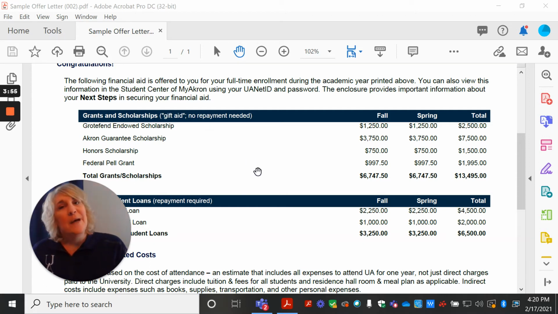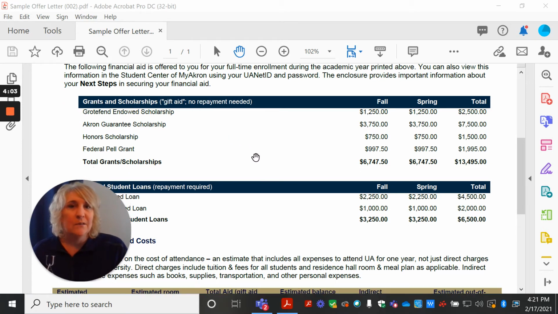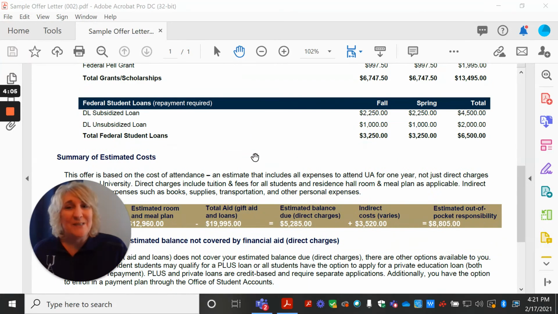So this is always the best type of financial aid, and we try to maximize grants and scholarships as much as we can for students before we move on to the next category, which you'll see are student loans. So student loans are loans that you borrow while you're in school and you repay after you graduate from school. So when you enter into school, you take out the student loans.